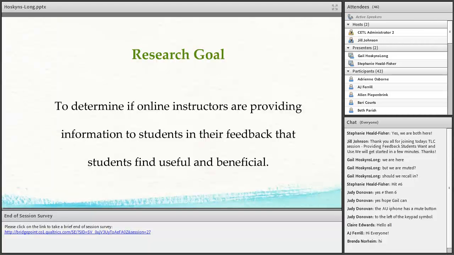That time we found no research. So there wasn't anything really looking at it from the instructor's perspective, and in particular from the online instructor's perspective. So we developed a qualitative study, and we asked instructors for samples of their feedback and then analyzed the results by comparing it to that previous research on student expectations.